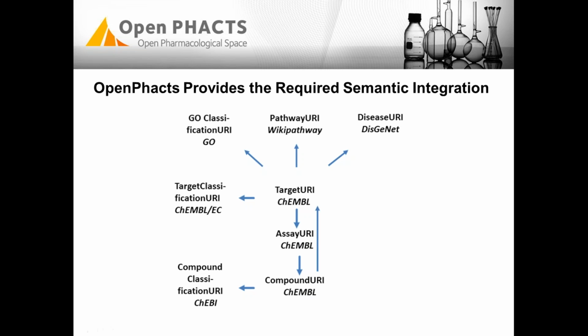If you have a compound URI, you can navigate to compound classifications in the ChEMBL database. With the target URI out of ChEMBL, you can go into the target classifications, the GO classifications, the WikiPathways URIs are directly linked, and also the disease URIs from DisGeNET are directly linked.